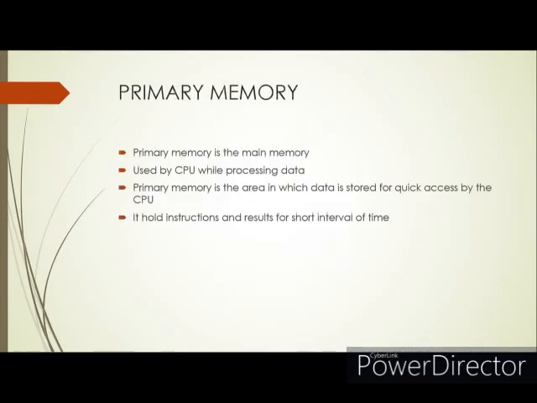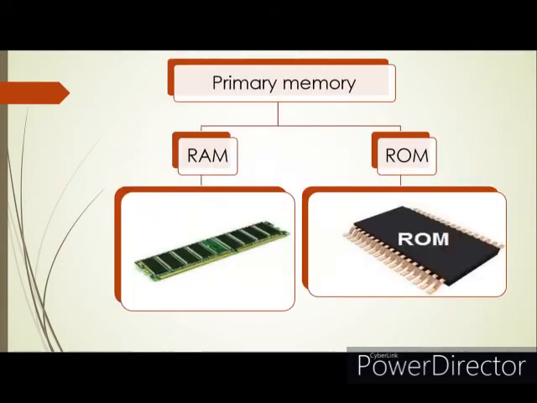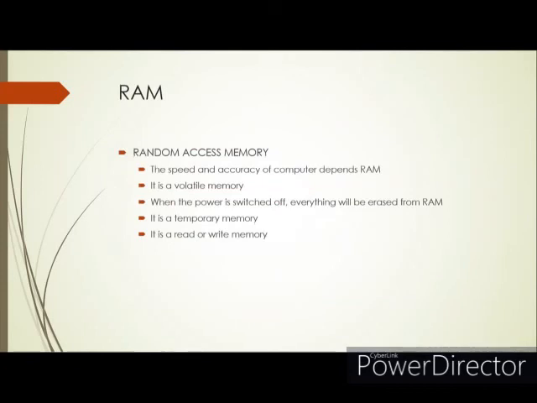Memory is divided into primary memory and secondary memory. Primary memory is the main memory of the computer, and the CPU always keeps in touch with primary memory. Primary memory is divided into RAM and ROM. RAM stands for random access memory. The speed and accuracy of a computer depends upon RAM.